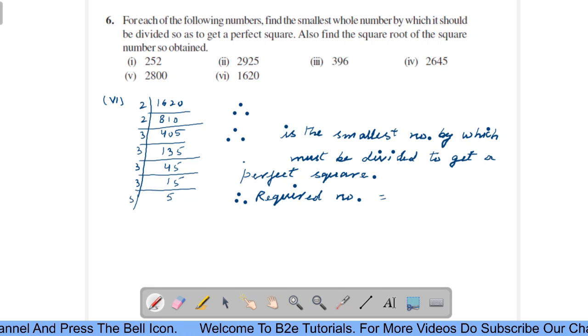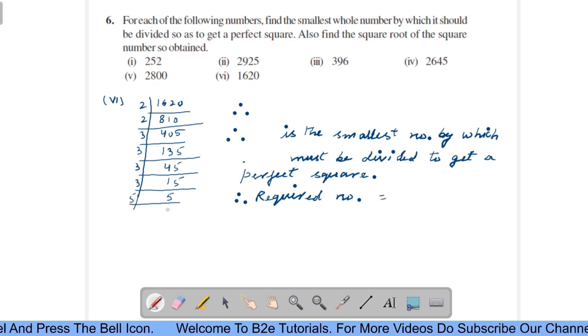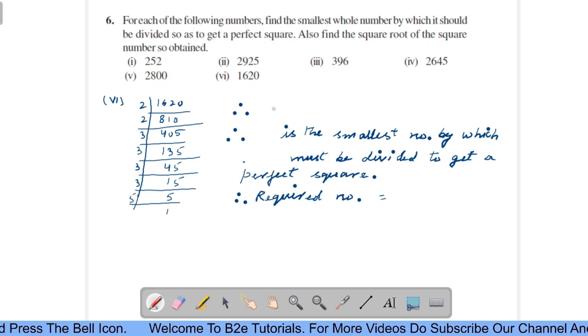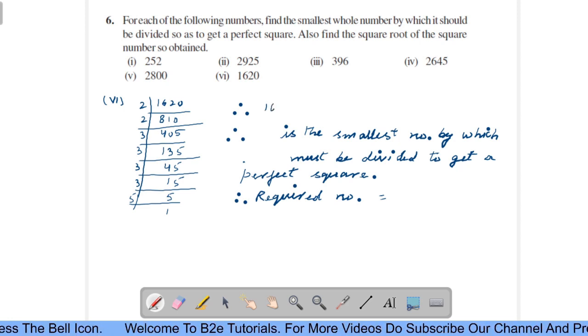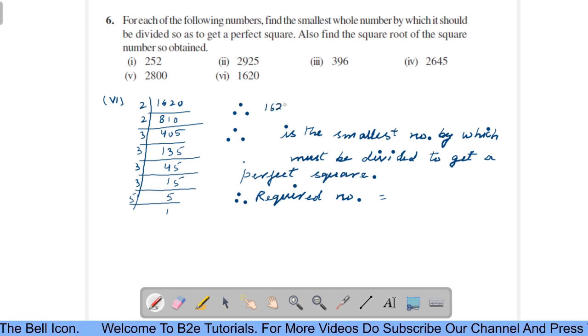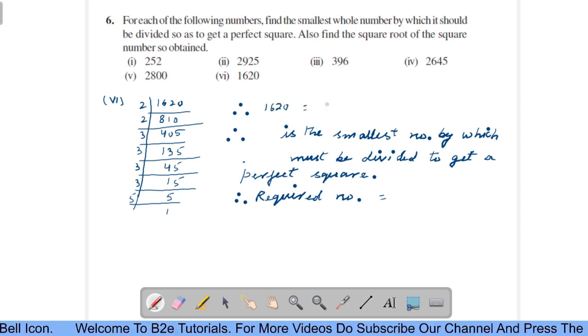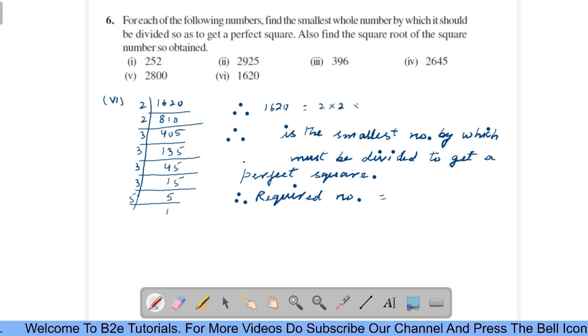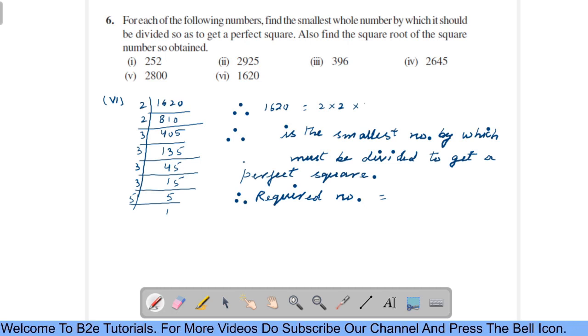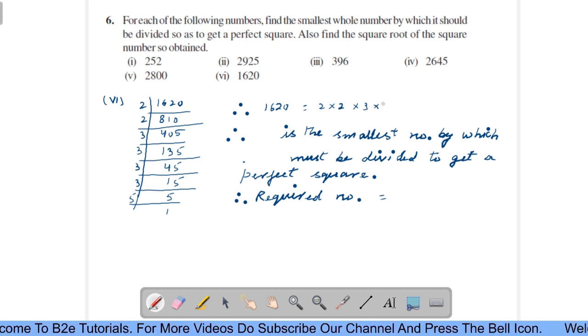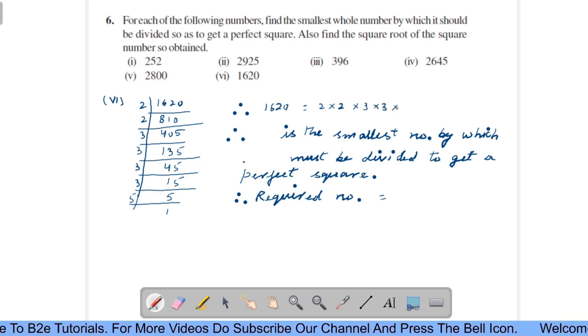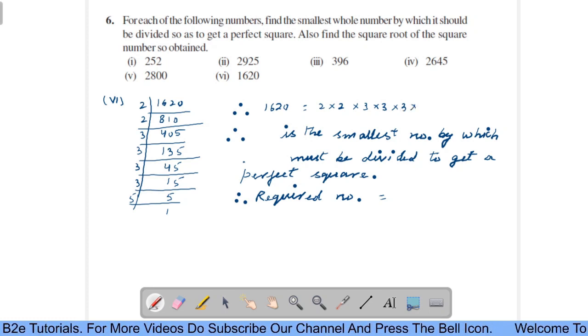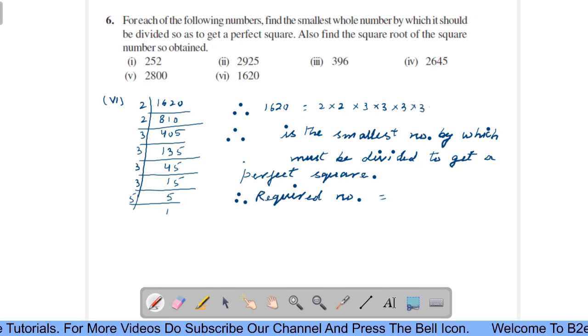Now by 5, 1 is, therefore 1620 can be written as 2 into 2 into 3 into 3 into 3 into 3 into 5.